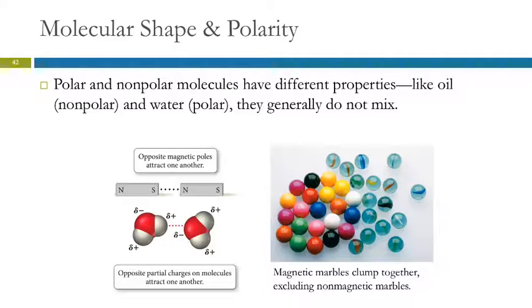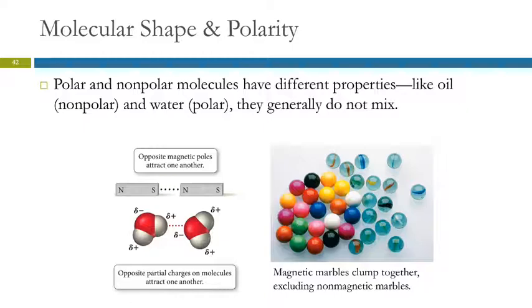The reason this happens is because of the polarity of the molecules. There's a negative end and a positive end in water. Opposite charges are attracted to each other like magnets. And so these water molecules act as little tiny magnets. It's electrical charge, not magnetic charge, but we understand magnets better.